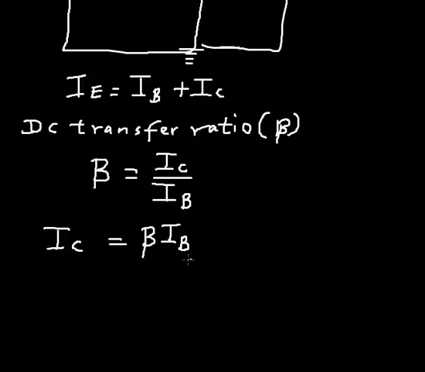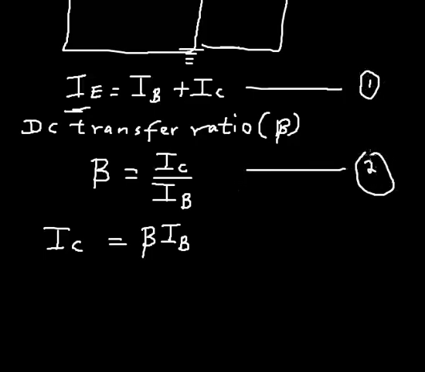Now with what I have here, I'm going to establish a relationship. Let me call this equation 3. So from what we have here, IC is equal to beta IB.